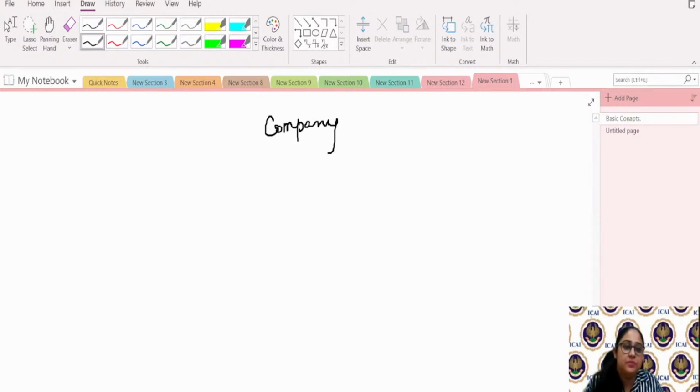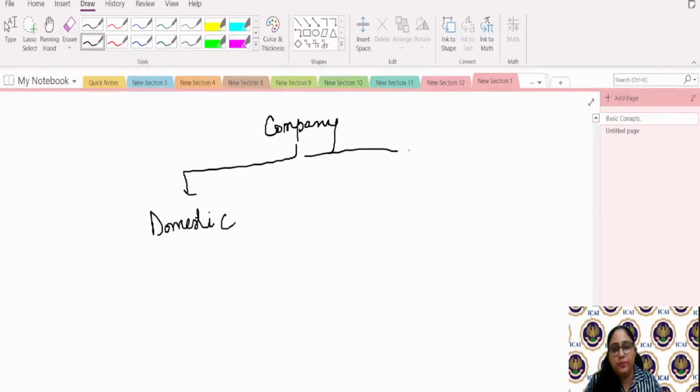For income tax purposes, companies have tax rates divided into domestic company and foreign company. Domestic company is incorporated in India, if you had read that part which I gave you as homework.